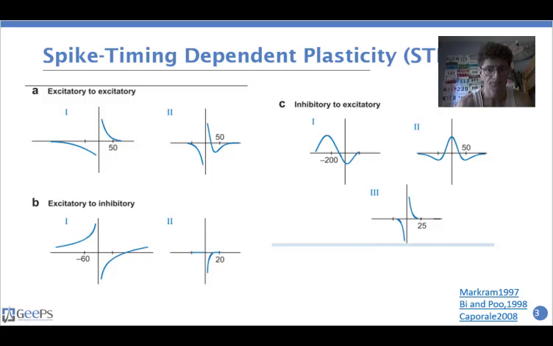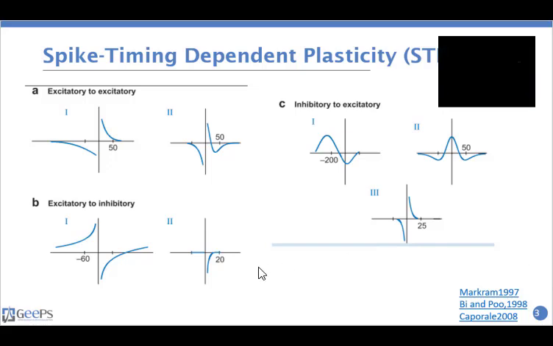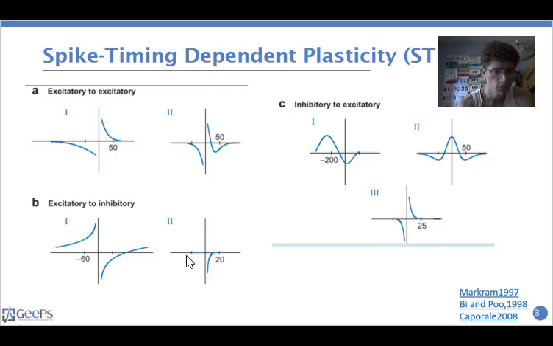So we can see different interesting shapes of STDP, like this one where there's only LTD and no LTP, meaning that the synaptic strength can only decrease. And this one is also very interesting, and I used it in an algorithm I will present to you, I don't know when.